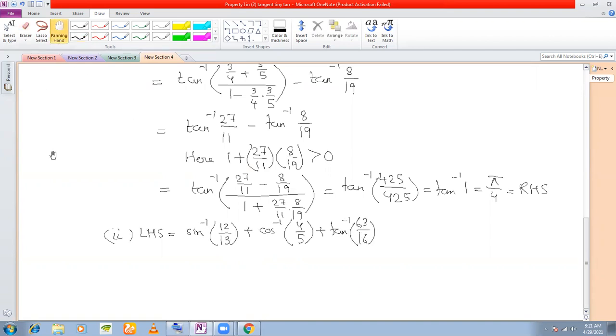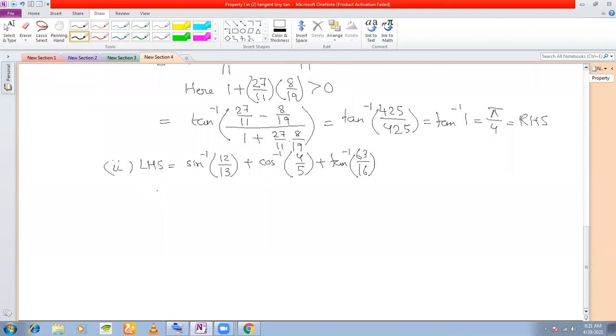Okay, you start by saying let alpha is equal to sine inverse 12 by 13. That means you get sine alpha is equal to 12 by 13.